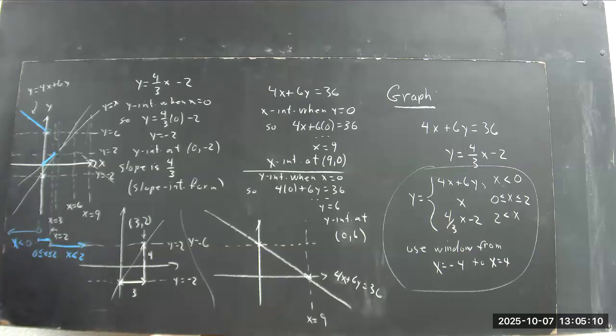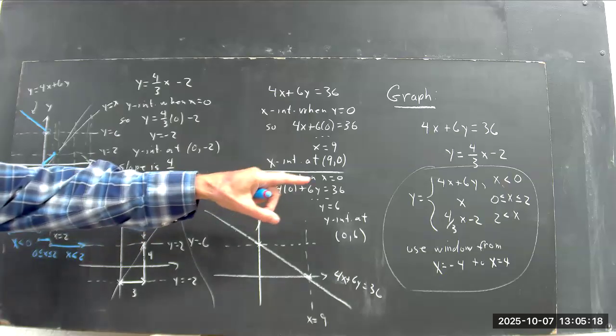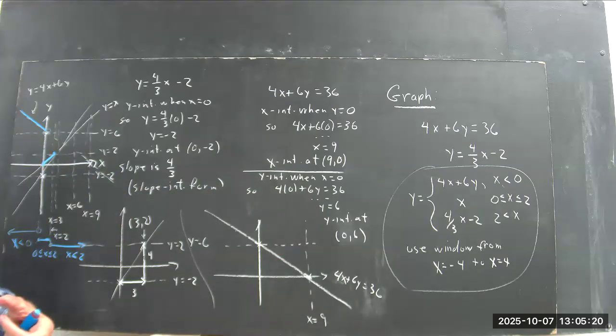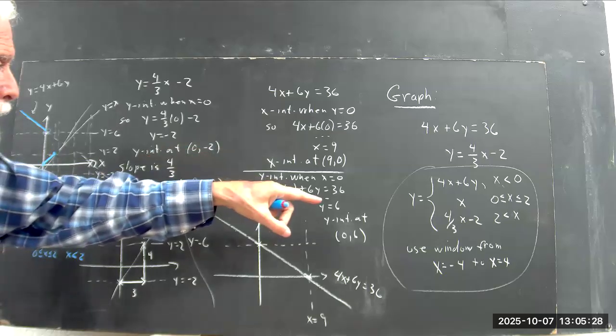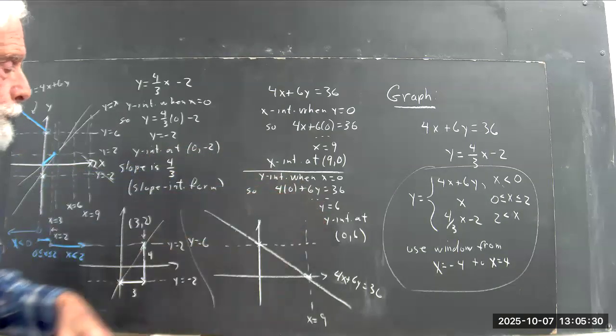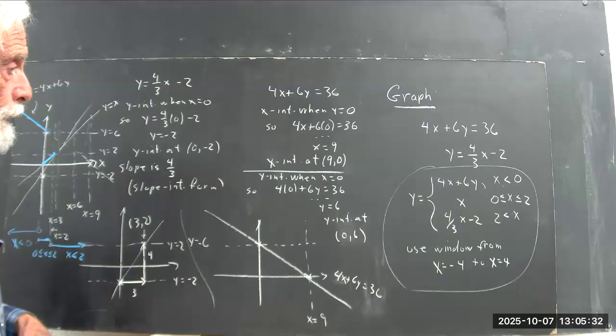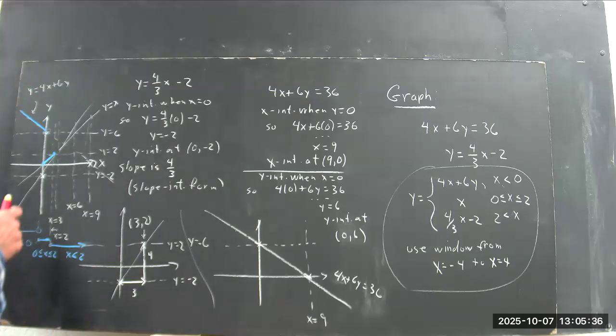This part only goes up to the line x equals 2, because it's only defined between x equals 0 and 2. Do we understand this? Does it make sense? And then when x equals 2, it suddenly takes the value of 4/3 x minus 2. Well, that'd be 8/3 minus 2, which is 8/3 minus 6/3, which is 2/3. It's going to be on this graph.